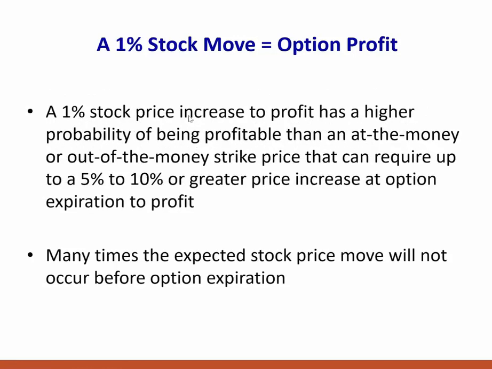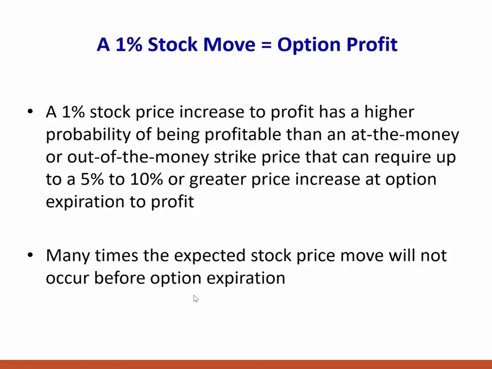A 1% stock price increase to profit is going to have a higher probability of being profitable than an at-the-money or out-of-the-money strike price that can require up to a 5 to 10% or greater price increase at option expiration just to break even and start profiting.